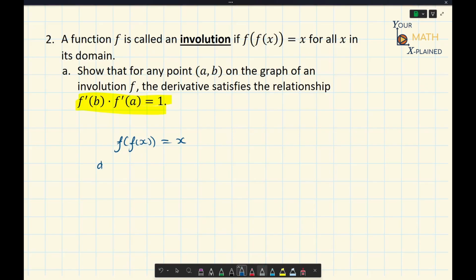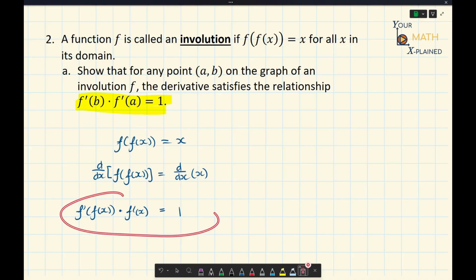So this means d by dx of f of f of x is equal to d by dx of x. Now the left-hand side, we're going to have to use chain rule. So this ends up being f prime of f of x multiplied by f prime of x, and then the right-hand side, that is equal to 1.